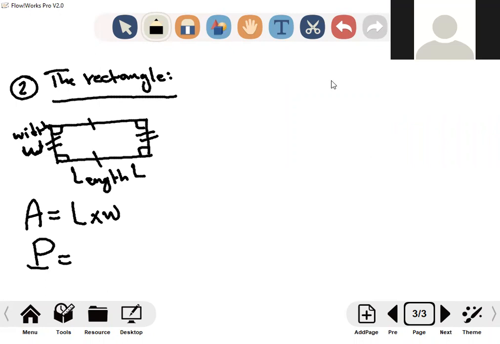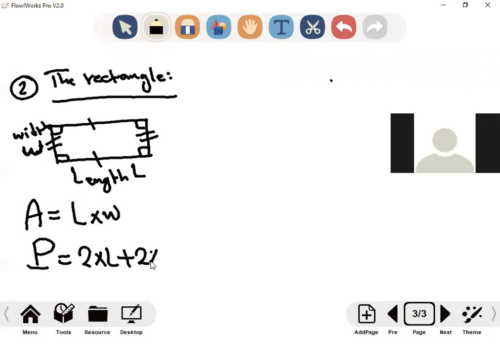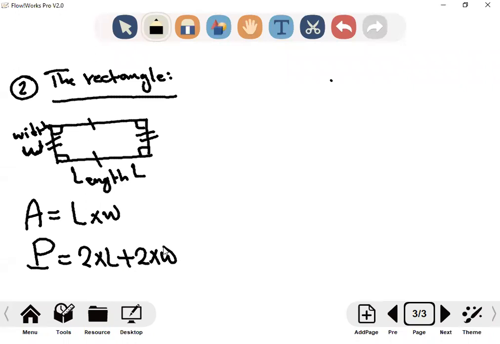Mohammad, do you know the perimeter of the rectangle? 2 multiply length plus width. 2 multiply bracket length plus width. 2 multiply length plus 2 multiply width.